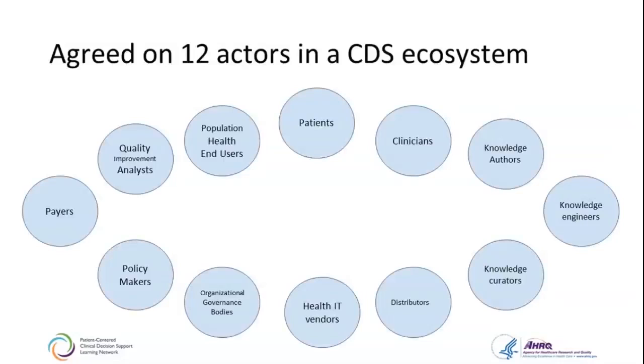So we as a group agreed that there were 12 actors. These include patients and clinicians. There are also those on the knowledge side, those who author or do that translation process that I described earlier in the overview slide.